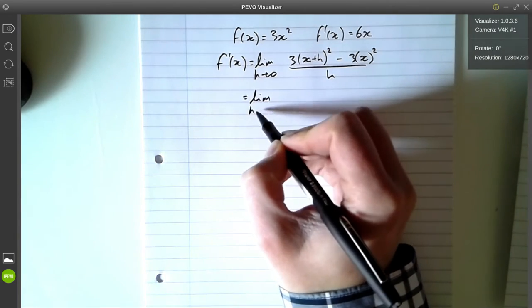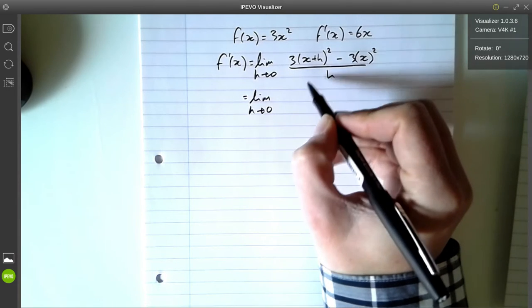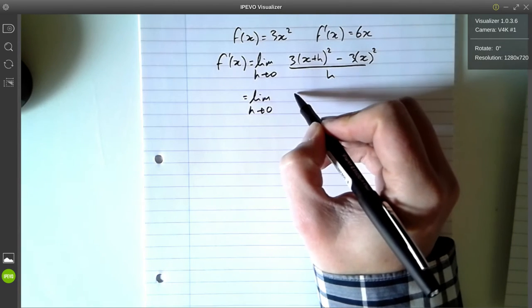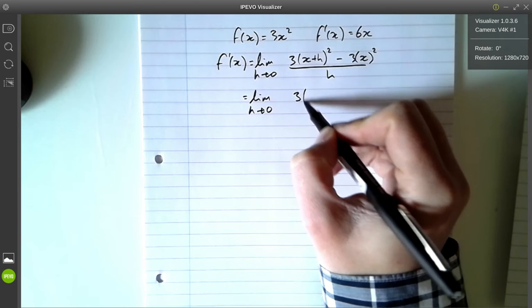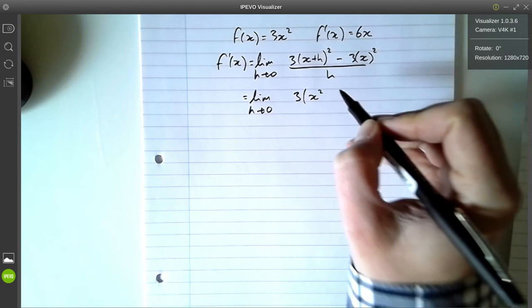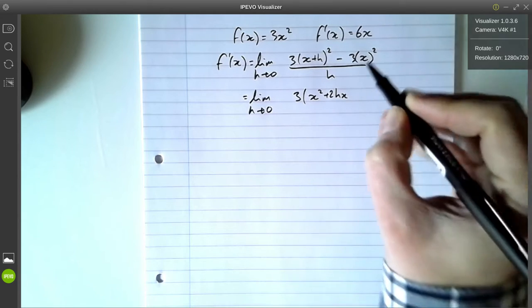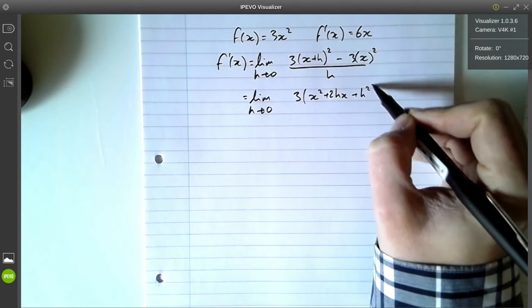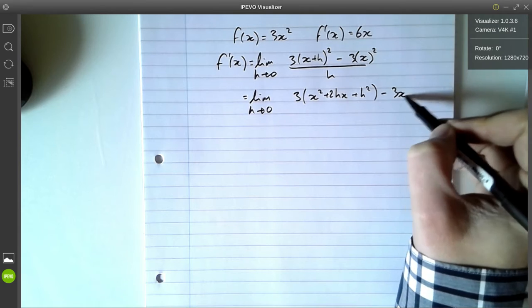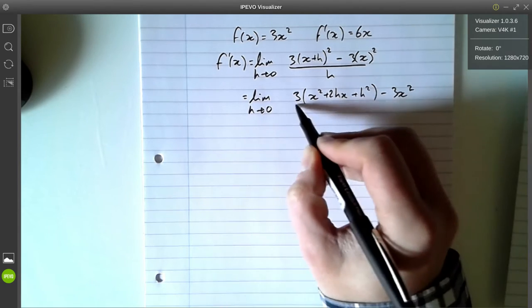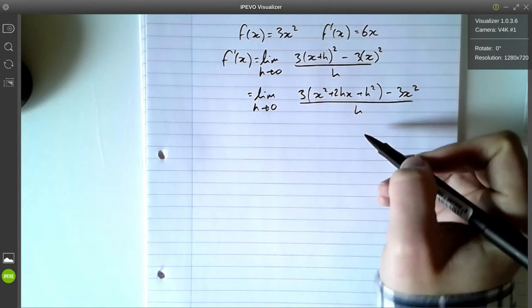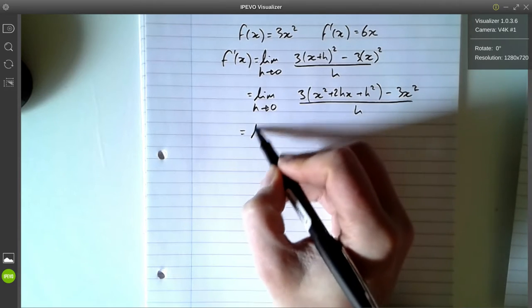Okay, we'll keep going with this. This is going to give me 3 brackets, x squared plus 2hx plus h squared, subtract 3x squared, all over h. Okay, keep tidying.